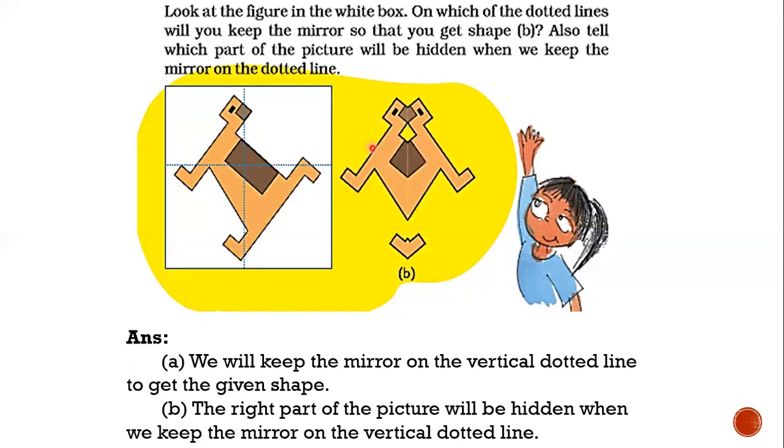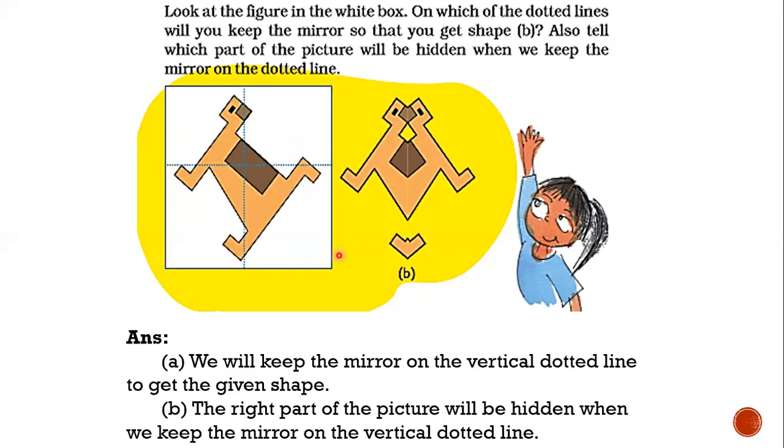Okay. Now second question: if we keep the mirror on the vertical line, which part will be hidden? The right side of the figure will be hidden because we are keeping the mirror here and so we cannot see the right side of the figure.